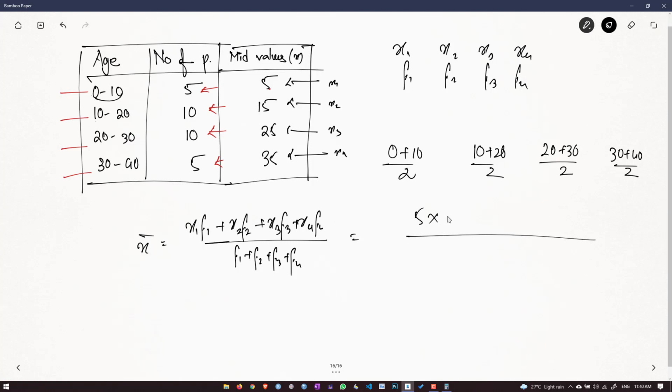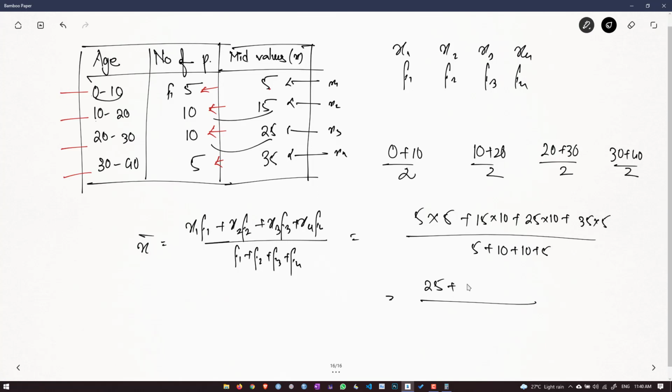Now x1 is 5 into f1, which is 5, then 15 into 10 plus 25 into 10 plus 35 into 5, divided by 5 plus 10 plus 10 plus 5, right?